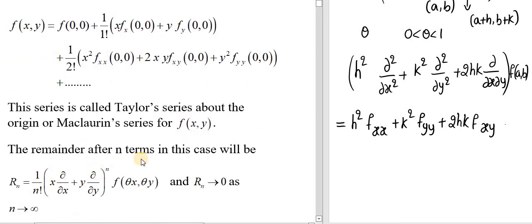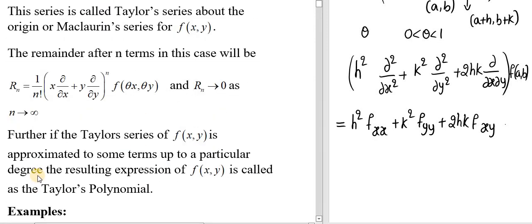The remainder after nth terms in this case will be Rn equal to 1 by n factorial, x dou by dou x plus y dou by dou y whole power n, f of theta x comma theta y. Here also we are taking a equal to 0 and b equal to 0, and this value tends to 0 as n tends to infinity.